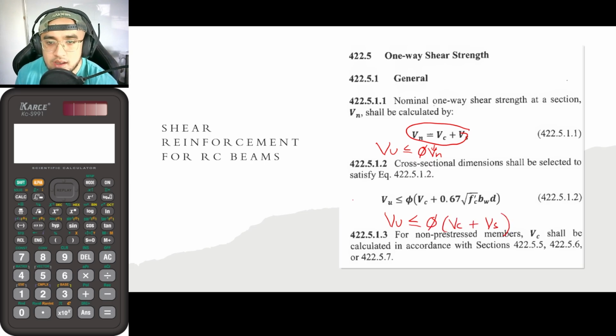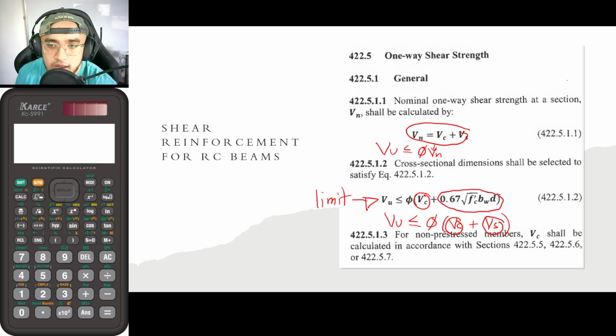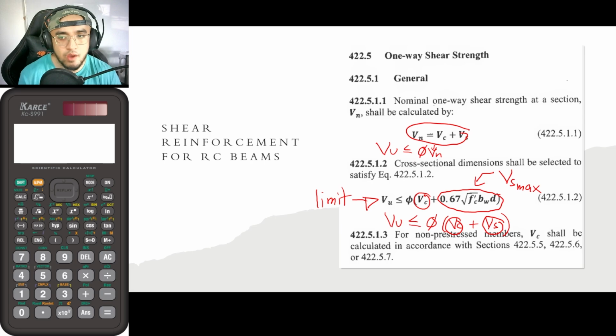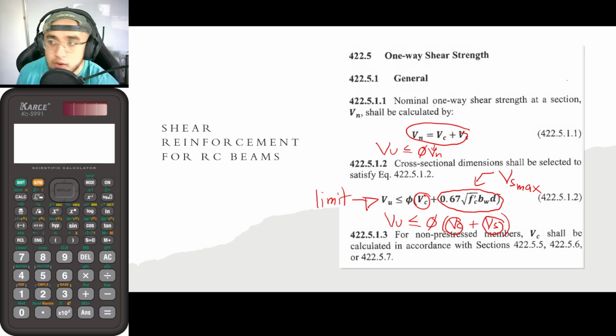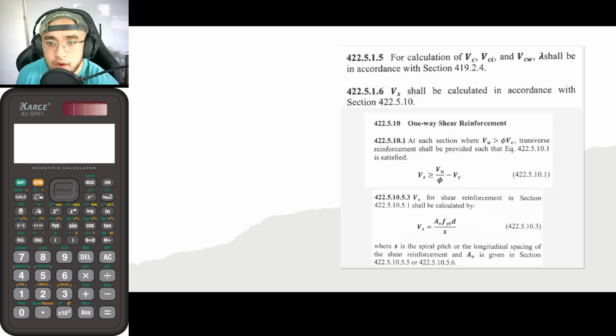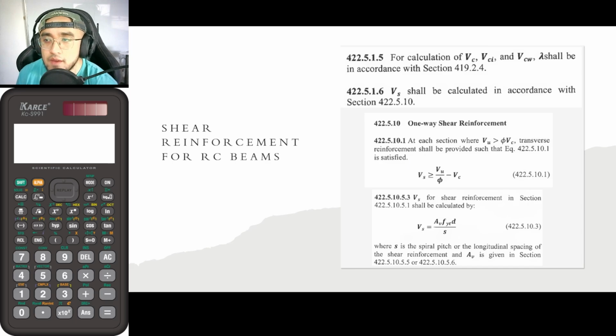But since in this equation here, it is said that this is actually the limit, meaning, guys, as you can see, this is Vc, this is Vc, this is Vs, and does that say that this is also Vs? So yes, actually, but this is only the limit. So this is what you would be calling the maximum Vs.